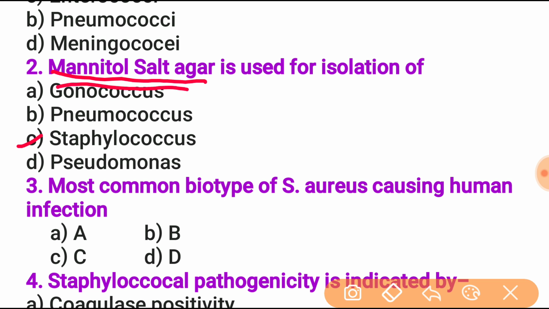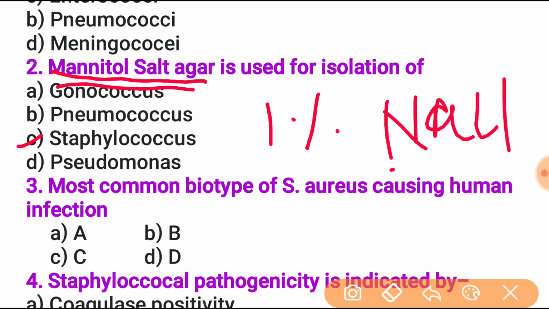In mannitol salt agar, the mannitol is 1% and NaCl is 7.5%, and the indicator used is phenol red. It is also called salt milk agar.